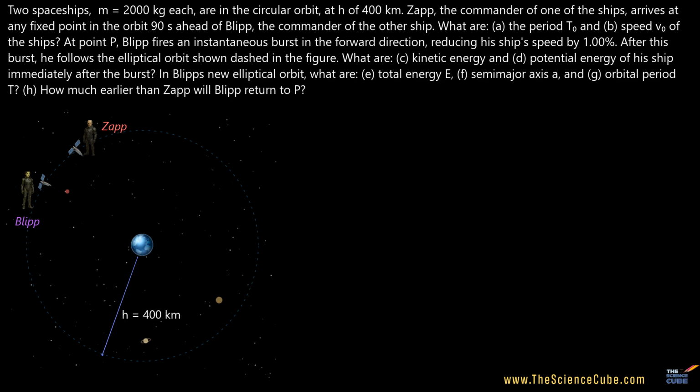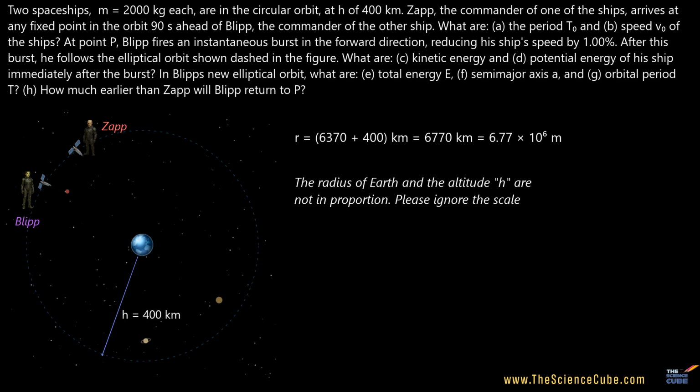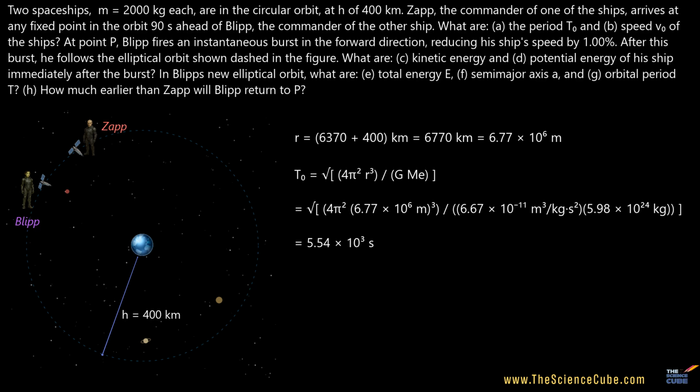So here the orbital radius r is equal to 6.77 into 10 to the power 6 meters. Then using Kepler's law and plugging in the values which we know, the time period equals 5.54 into 10 to the power 3 seconds.